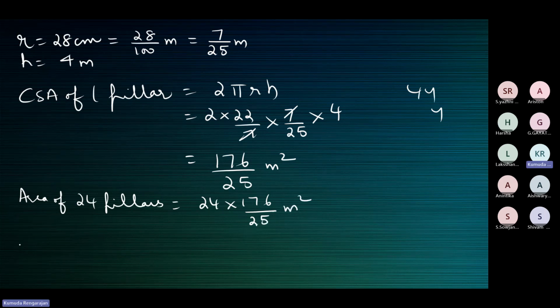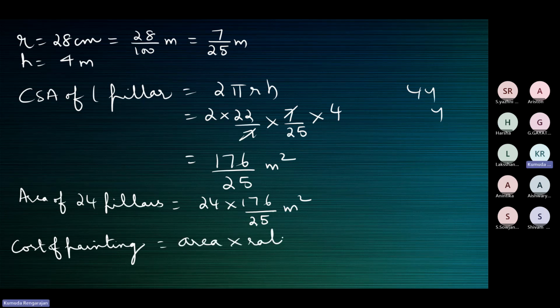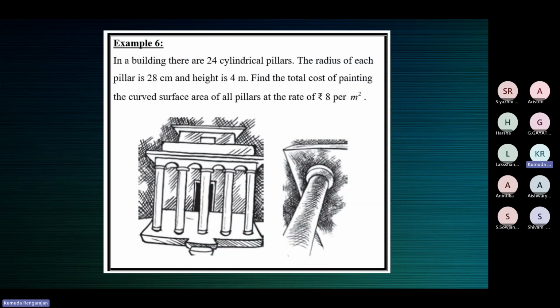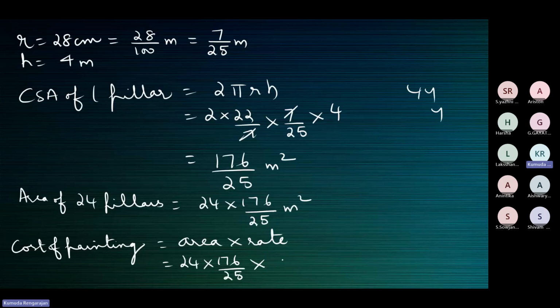Now the cost of painting is equal to area into rate. What's the area? 24 into 176 by 25 into the rate. What is given? 8 rupees.